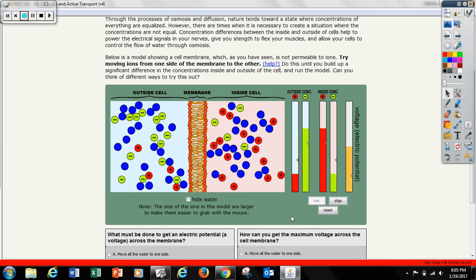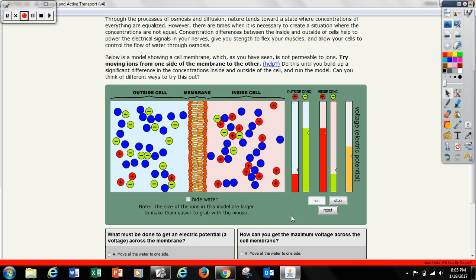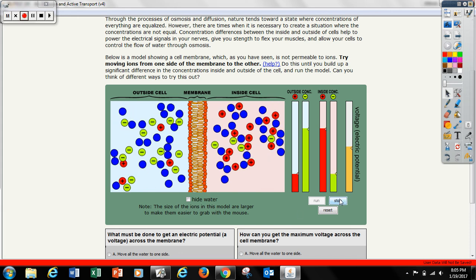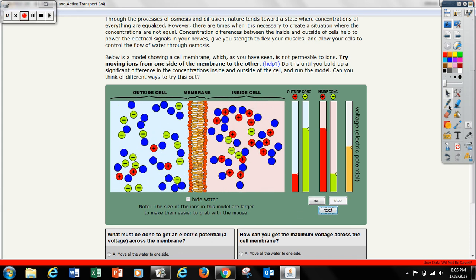But now we see we have an electric potential, and nothing is moving anywhere. And then again, if we stop that, up here, let me see if I can highlight. This is the part that's talking about why you need that electric potential.